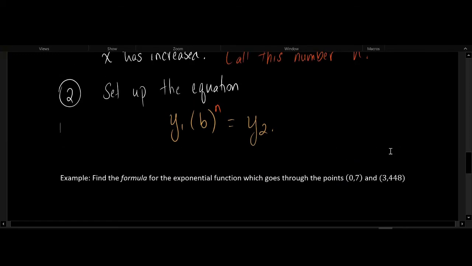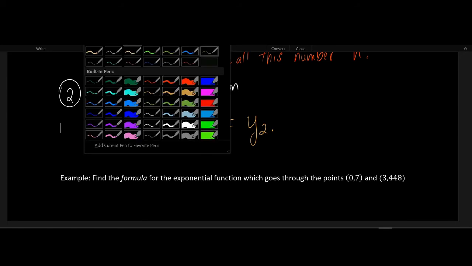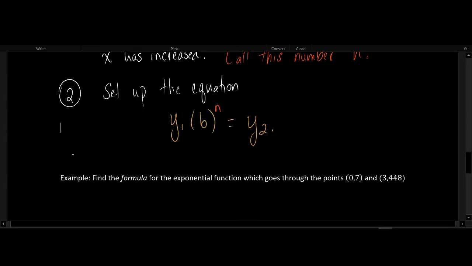The last thing that you need to do to find the base is to just solve this equation that you have set up. Solve this equation for b. And you get to assume that b is a positive number.